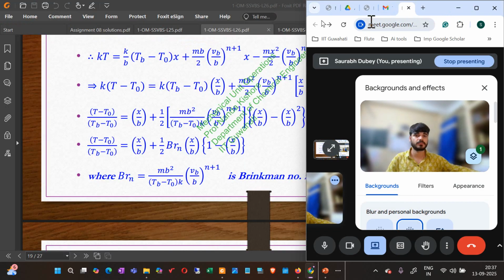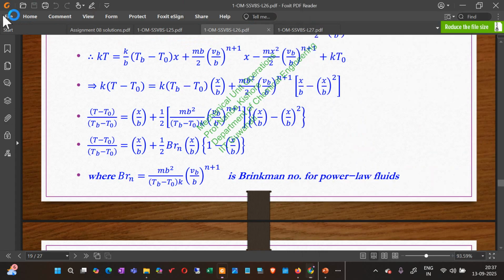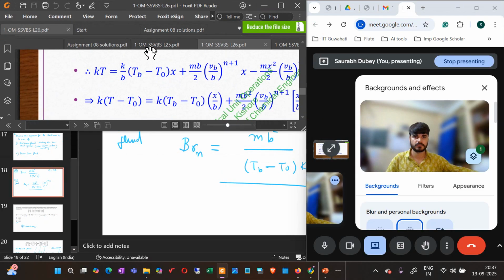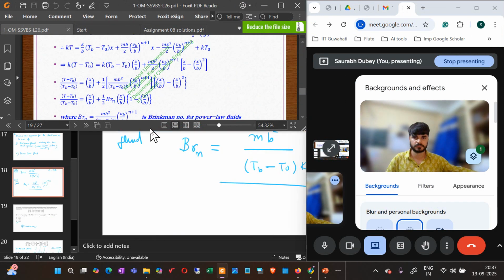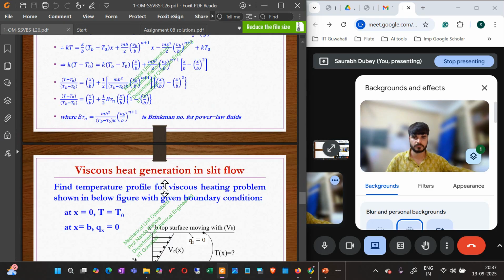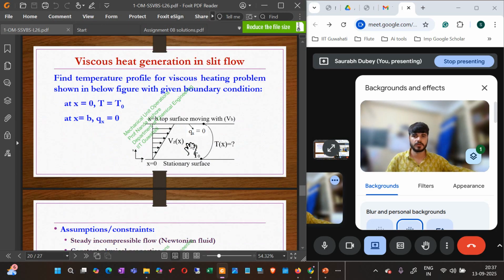So let me just fix it. So this viscous heat generation in slit flow is happening.